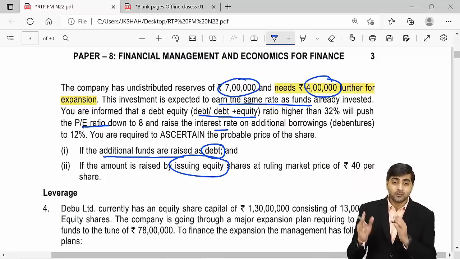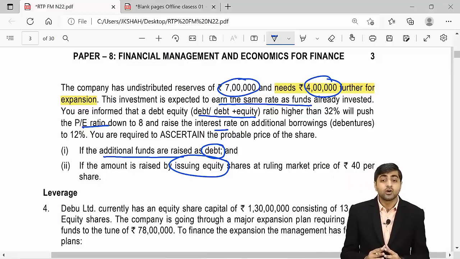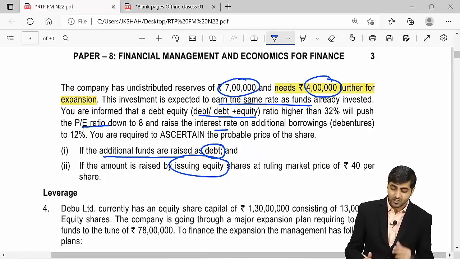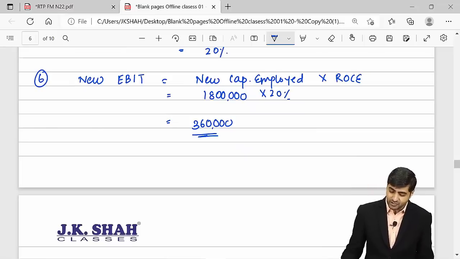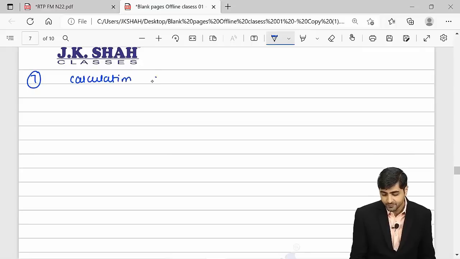Number one, your P ratio is going to fall down to 8 times, and number two, your rate of interest on additional borrowings will become 12%. So let us check that particular condition. So your 7th point will be your calculation of debt equity.